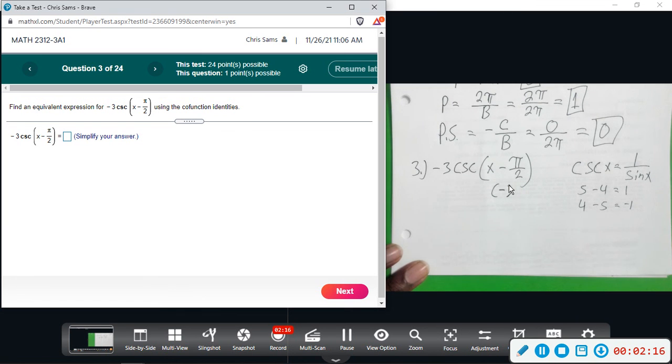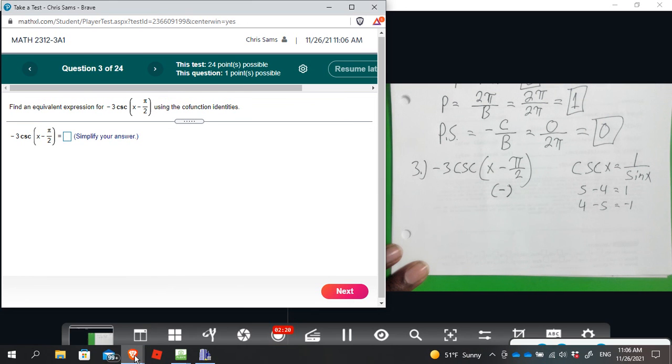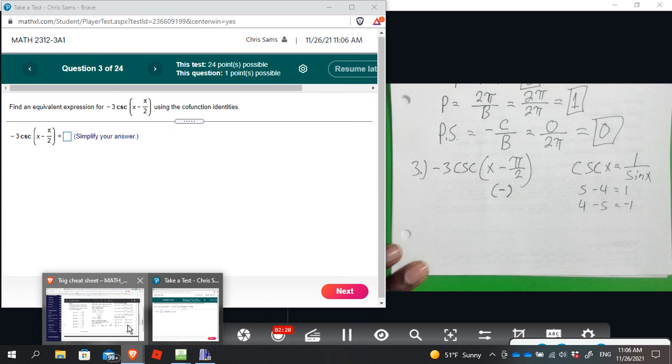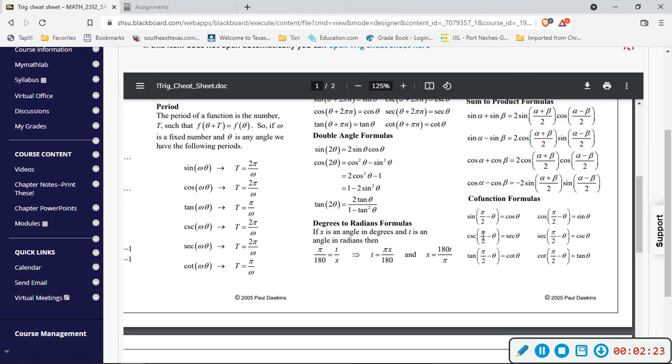That's the end result. Okay, so if I go back to the trig cheat sheet, what we see is CSC of pi over 2 minus theta is equal to secant. So this part would be equal to secant of theta, but we need to figure out what that negative does.